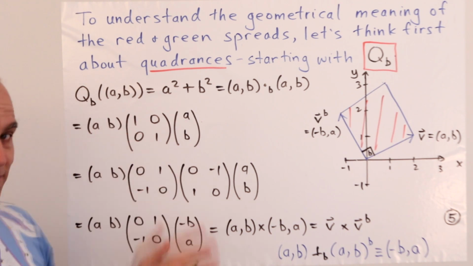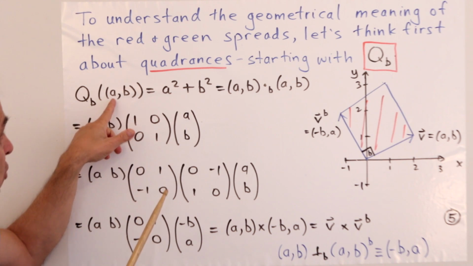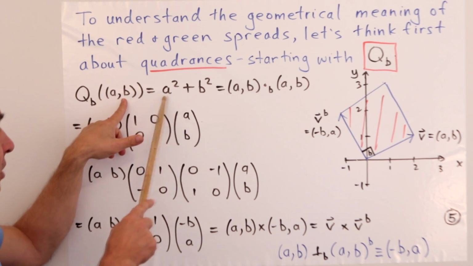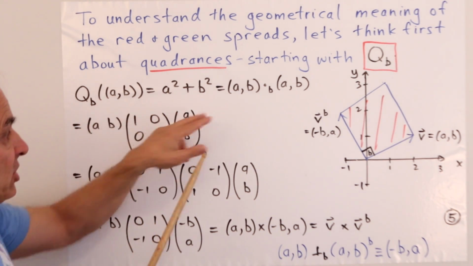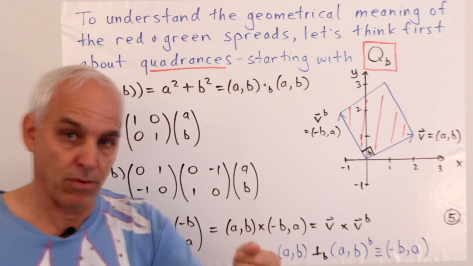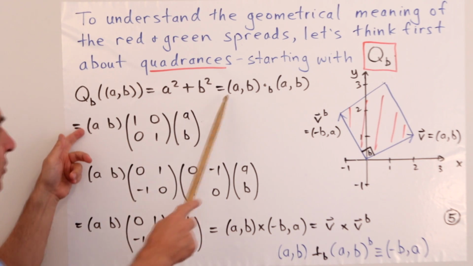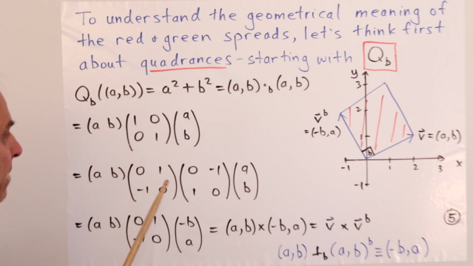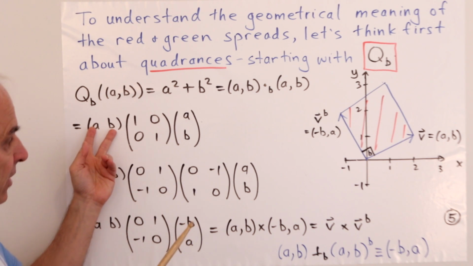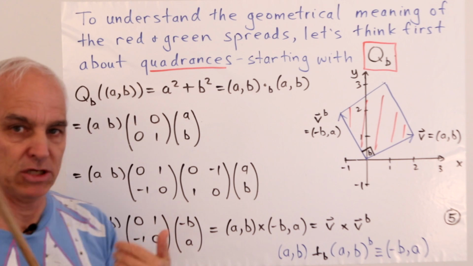These are the coordinates of that vector. So I hope we're not going to be confused. Okay, so the quadrance of this vector is a squared plus b squared, and that's the dot product of these two vectors with respect to our blue familiar dot product. Okay, and we know we can write that in matrix form by having our row vector there, our column vector there, and this identity matrix in between them.